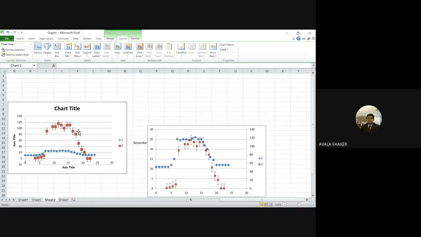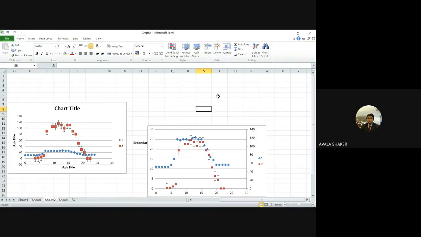If you're interested in both, you can keep both. Okay, so the only thing is that we couldn't find that y axis. I forgot, so it is there in the change chart type option. Okay, chart type. Yeah, it is there, but I'm not able to get it here.